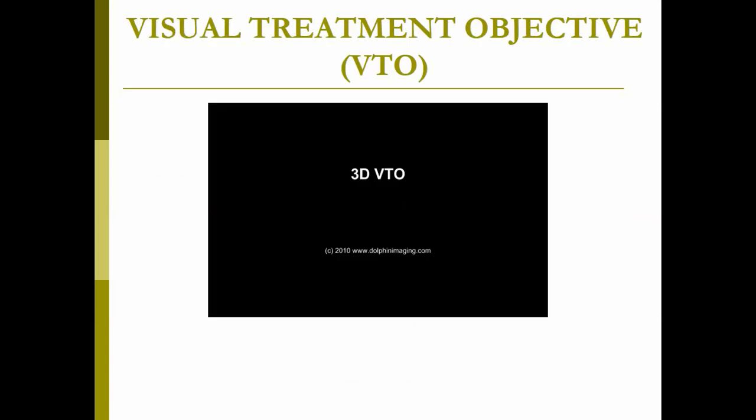So now, before we screen a case for a myofunctional appliance treatment, we screen it by testing a VTO, that means visual treatment objective, where we visually try to see whether our myofunctional appliance will be a success or not. Clinically, what you do is, suppose it is a class 2 patient where your maxilla is in front, mandible is behind.